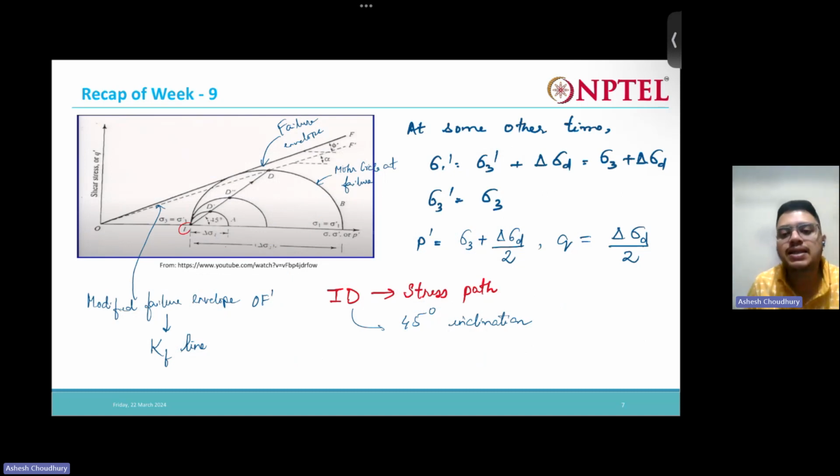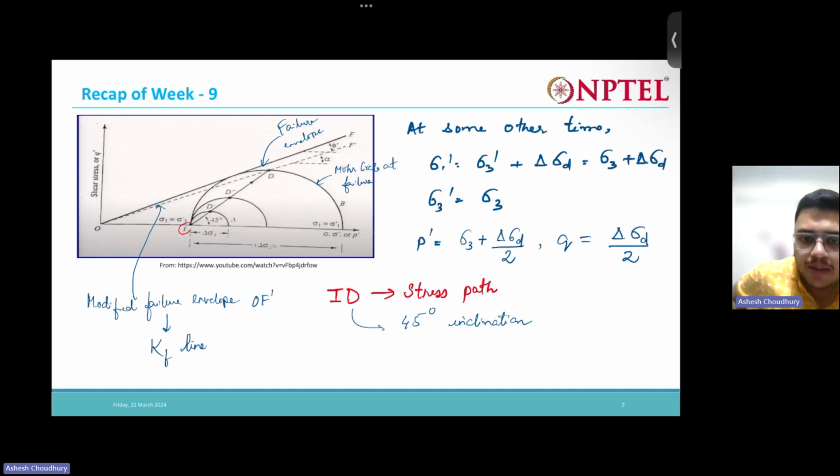Now at some other time, when we start the shearing process and we start the application of the deviatoric stress, at that time what are we going to have?